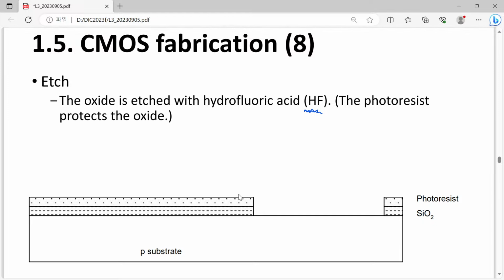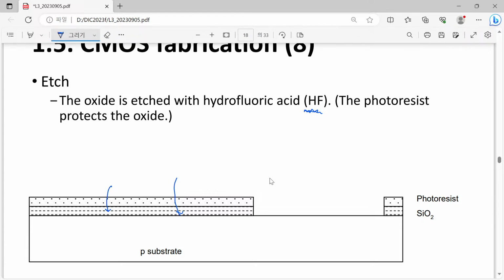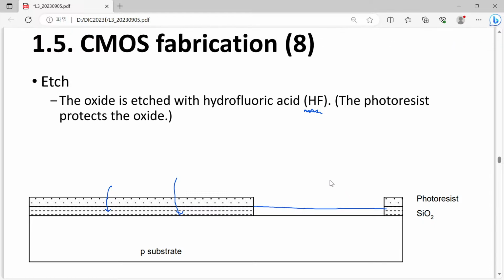Maybe you can ask me why it is still there. Here we still have silicon dioxide. Why is it not damaged? It is because here we have silicon dioxide, and HF comes in. Then it will be etched out, but it is not immediately gone. It takes some time. So after a certain time, it becomes thinner and thinner.